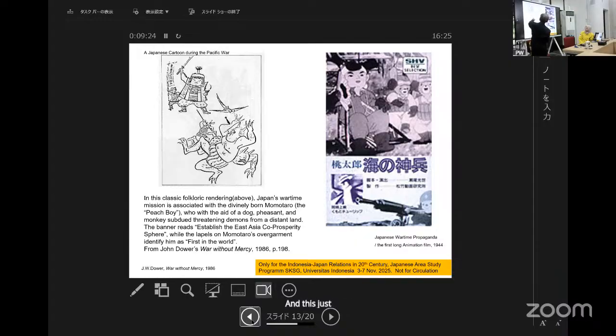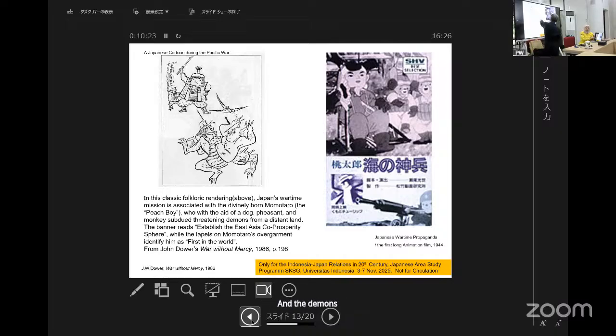This indicates the war was the so-called Great East Asian War, or Daito Senso, the wartime official name of the Pacific War, with the Japanese official slogan being the establishment of the East Asian co-prosperity sphere. The reason Japan invaded Southeast Asia was to kick out the Western colonial powers from Southeast Asia.